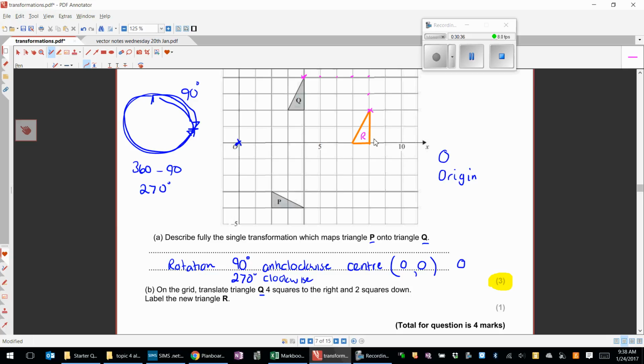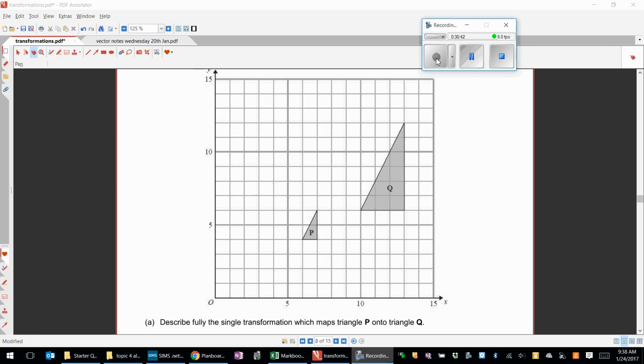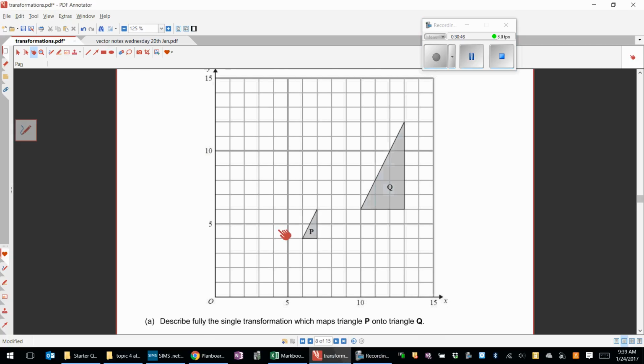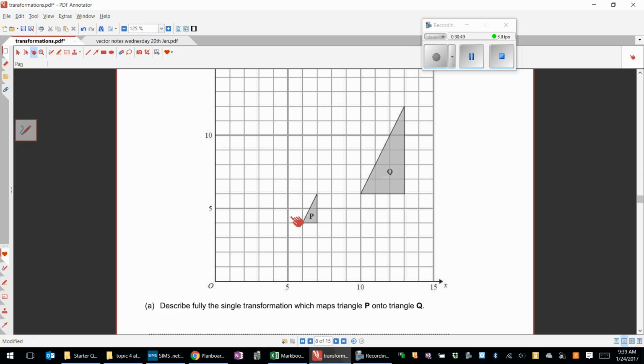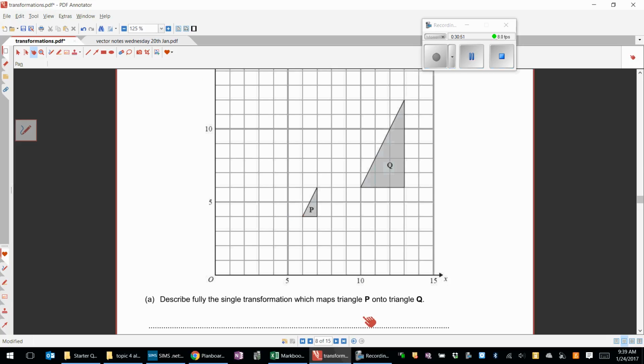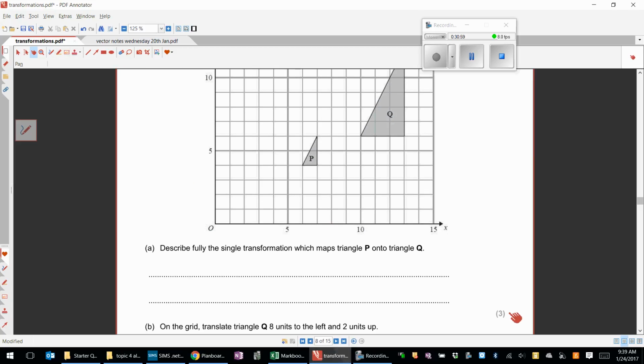Right, again, we've got to describe fully. We're now on question 7: describe fully the single transformation that maps P onto Q. There are 3 marks again, so we've got to make sure we get them. And what is it?